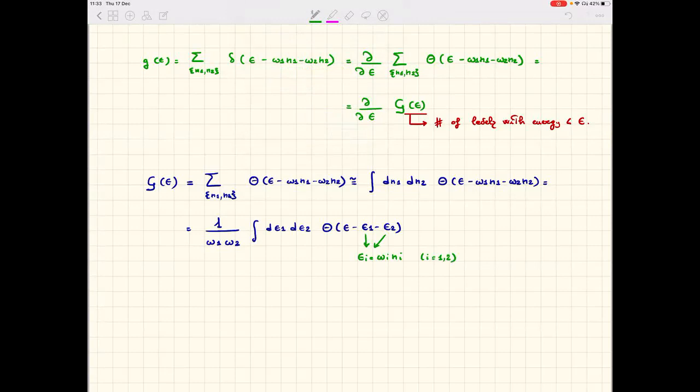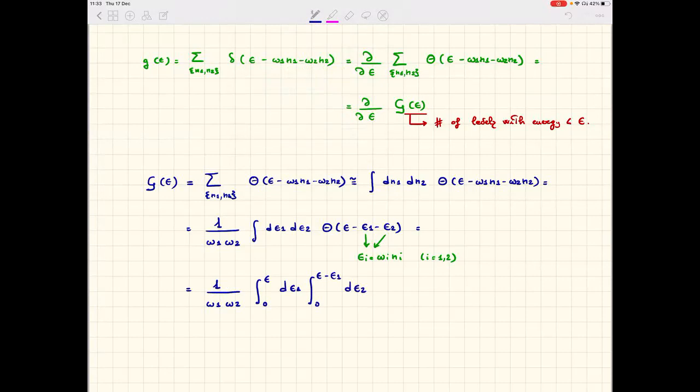Well, now computing this integral is really straightforward. What you do is the following. You write it as 1 over omega 1 times omega 2, and then you have the integral between 0 and epsilon d epsilon 1, integral between 0 and epsilon minus epsilon 1 d epsilon 2.